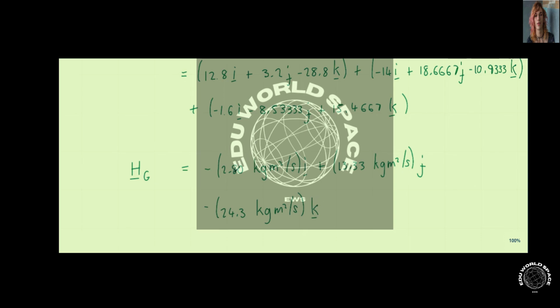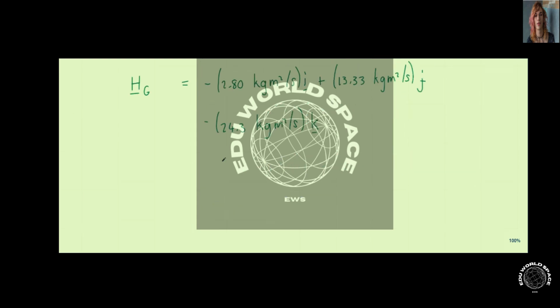So hence we have our angular momentum about the mass center of the system of the particles.